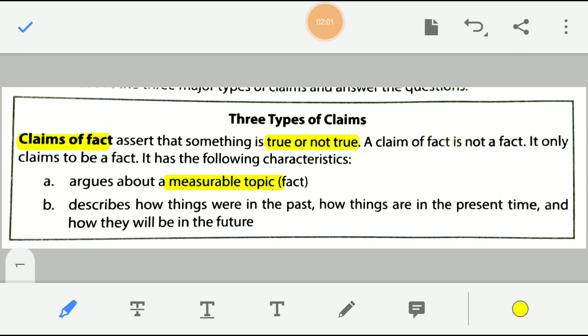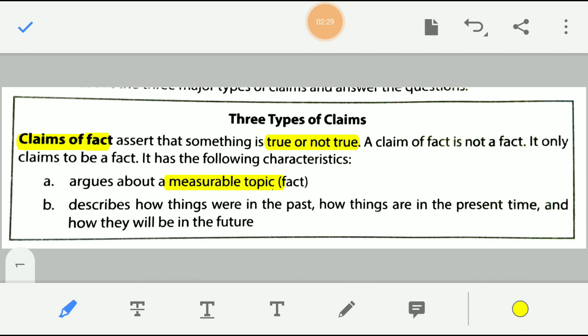It can be anything that has something to do with numbers. If it has something that you can check as true or not, like for example, I am a teacher of HRPI. So if you can check whether I am really an employee of HRPI, then that is a claim of fact.